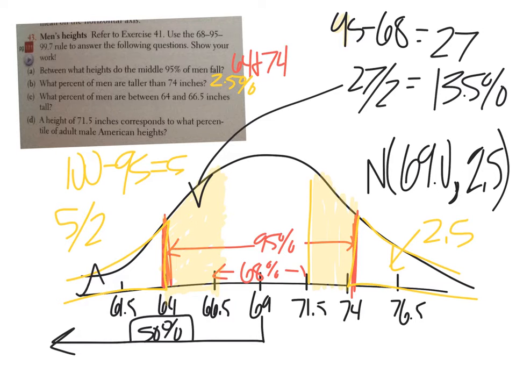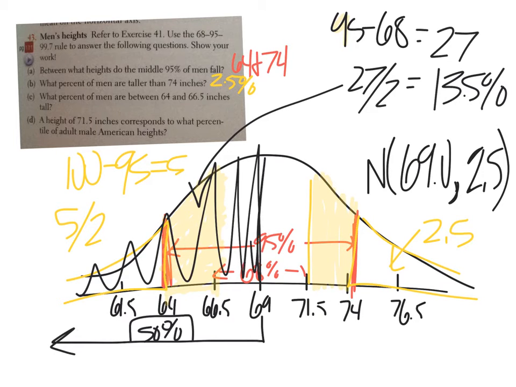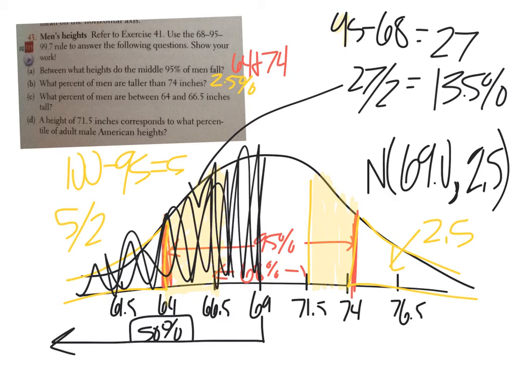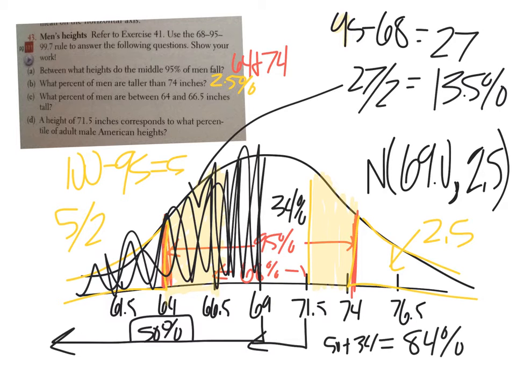So all this is 50%. Because the middle section is 68%, I know that this one is 34. So if I wanted to find from 71 to 71.5 over to the left, I would do 50 plus 34 and I get 84%. Since there's 84% below it, a man that's the height of 71.5 would be in the 84th percentile.